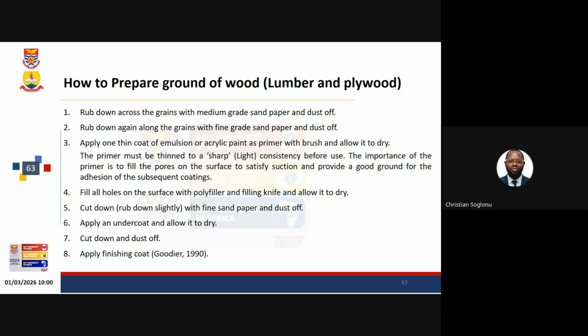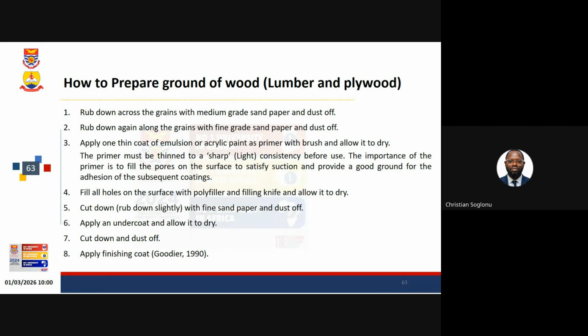Then in point two, you now come in with a fine sandpaper that will produce a smooth surface. You also go the same direction that you did the first time, but this time you are working with a fine graded sandpaper.